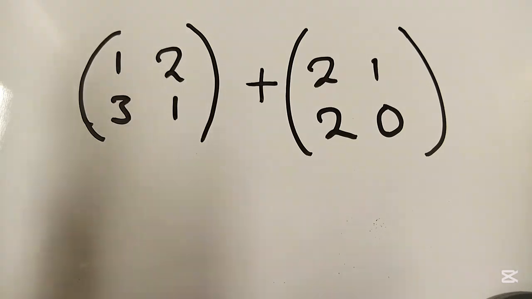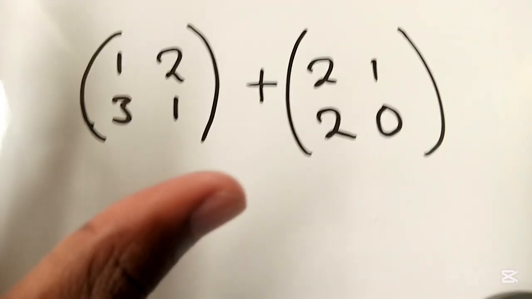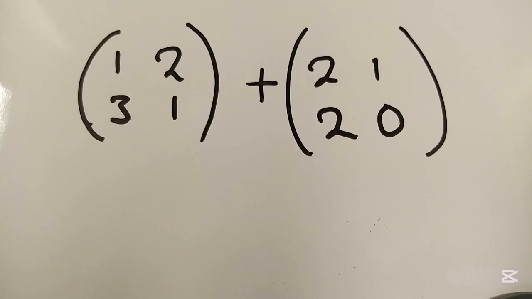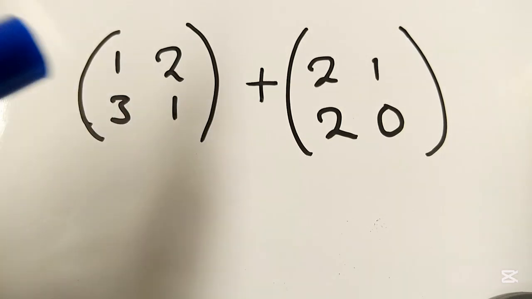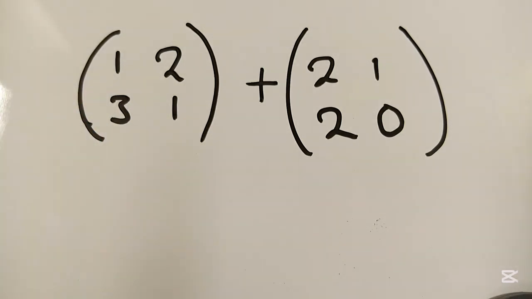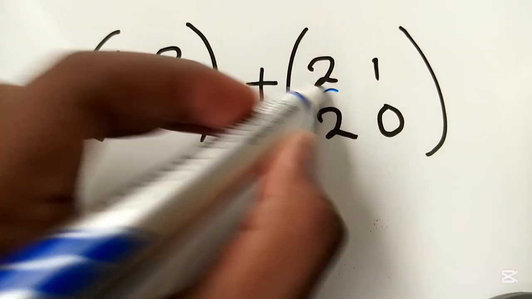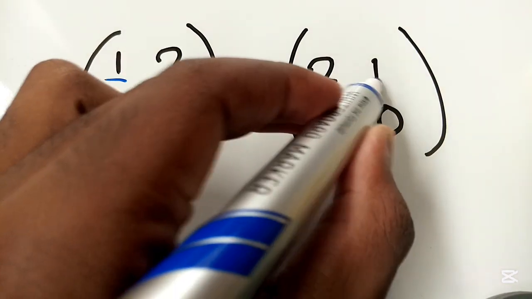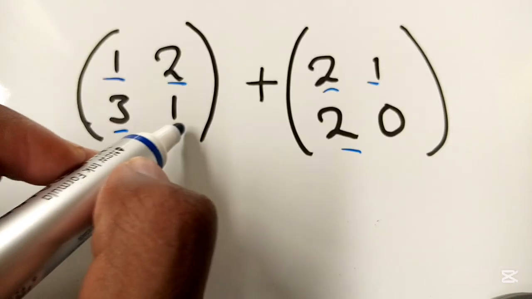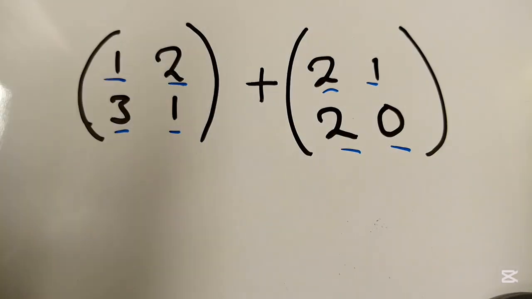When we're adding two matrices, it's very simple. You just add the two numbers in the same position. So you say 1 plus 2, 2 plus 1, 3 plus 2, and 1 plus 0. That is the only thing you do.